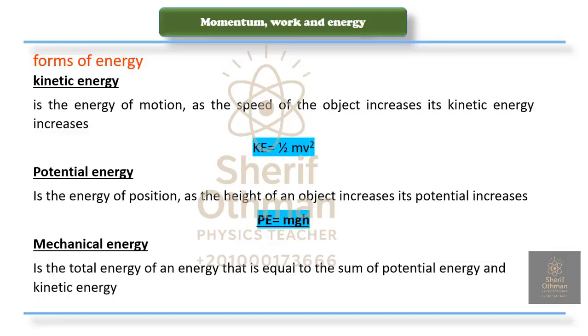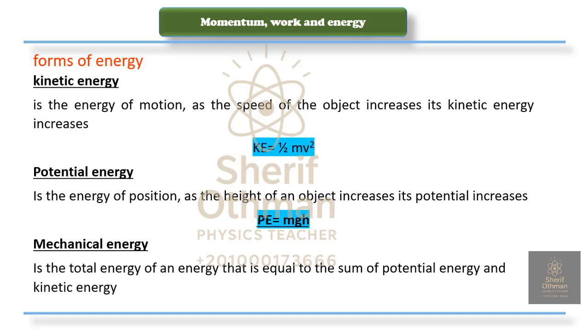So guys, the kinetic energy is the energy of motion. As the speed of the object increases, its kinetic energy increases, as kinetic energy is equal to half mv squared, while potential energy is the energy that depends on the position of the object. We have gravitational potential energy and elastic potential energy. The gravitational potential energy is equal to mgh.